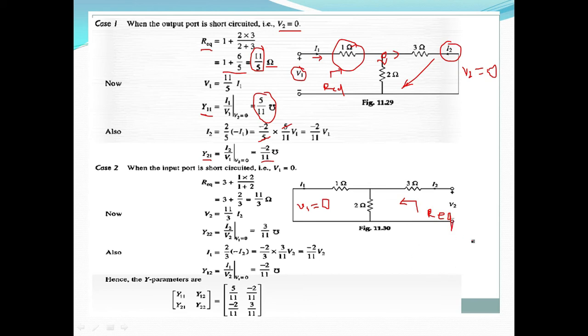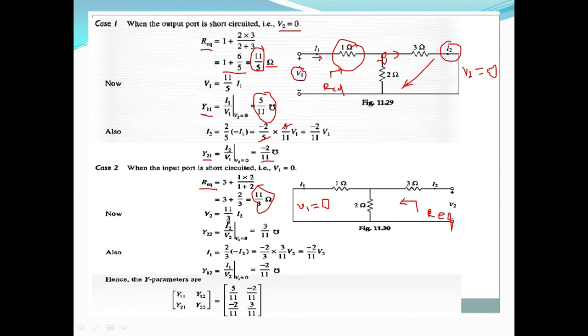For that R equivalent, 3 plus 2 in parallel with 1, meaning 3 plus 2 upon 3, 3 into 3 is 9 plus 2, 11 upon 3 ohm. So the R equivalent is equal to 11 upon 3 ohm.